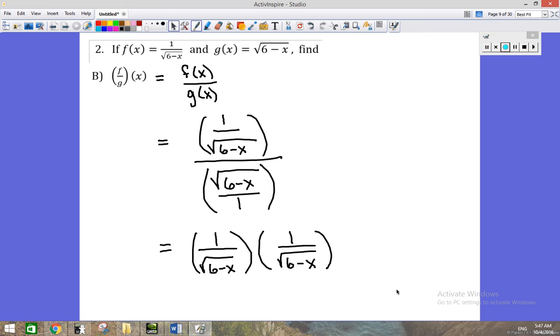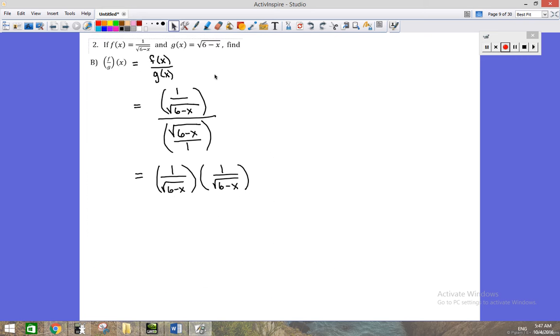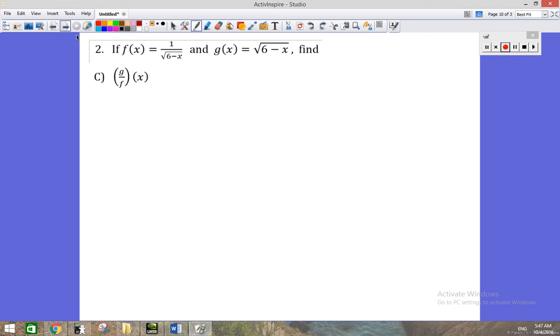When you square a radical, the radical goes away. We have 1 over 6 minus x. Alright, let's continue with part C. This is just a new function that we could call h.